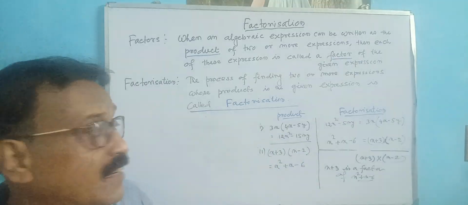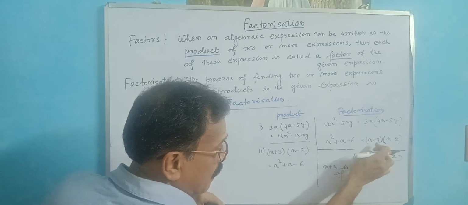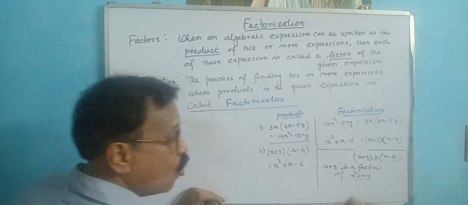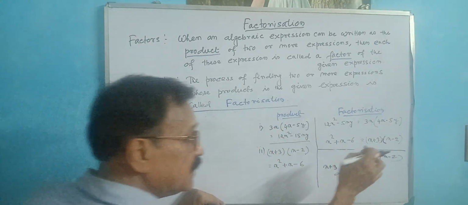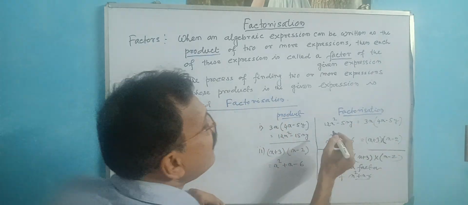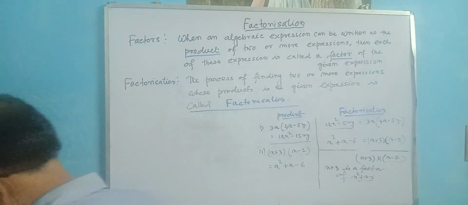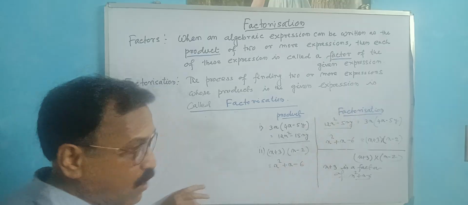What do you mean by the factor? This is an algebraic expression, and you write it in this way as a multiple relation, x plus 3 into x minus 2. Separately x plus 3 or x minus 2 is a factor of this. But this must be a multiple relation. Here is an algebraic expression 12x square minus 5xy.